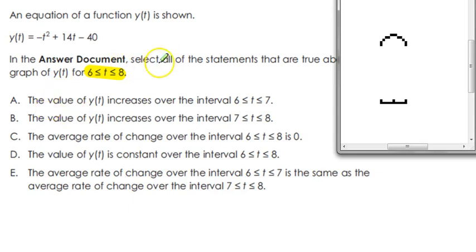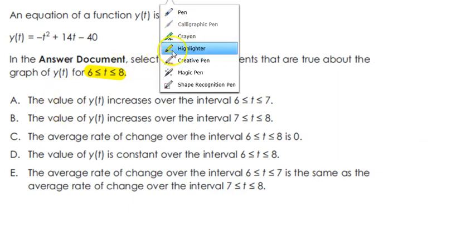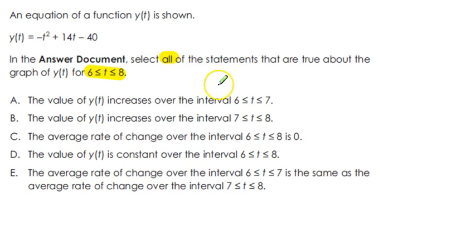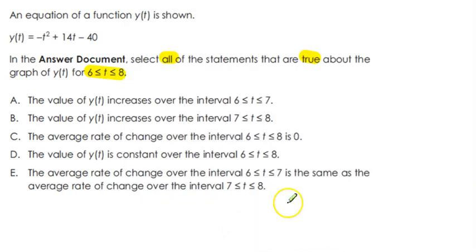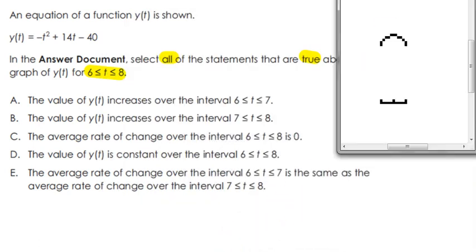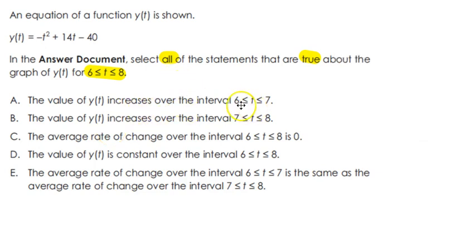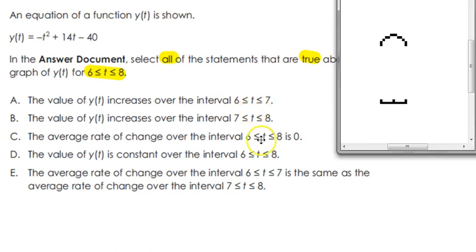So all of the statements that are true. Okay. So, oh, that's not what I wanted. I wanted this. Okay. The value of y of t increases over the interval 6 to 7. Well, remember, 7's in the middle.